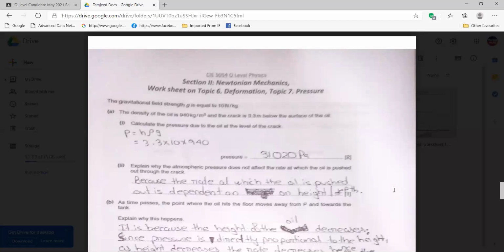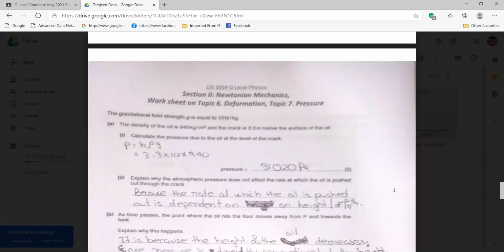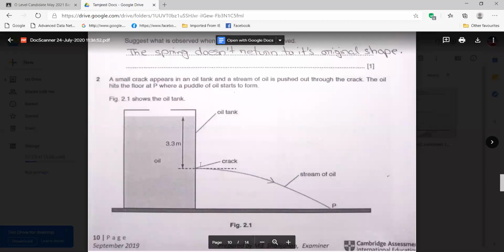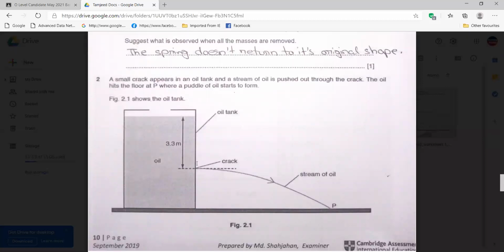Yeah, on the outside of the crack, there would be atmospheric pressure, which would make this liquid slower. The way it's coming out now, it would not come out that speedy. So the distance will be less.